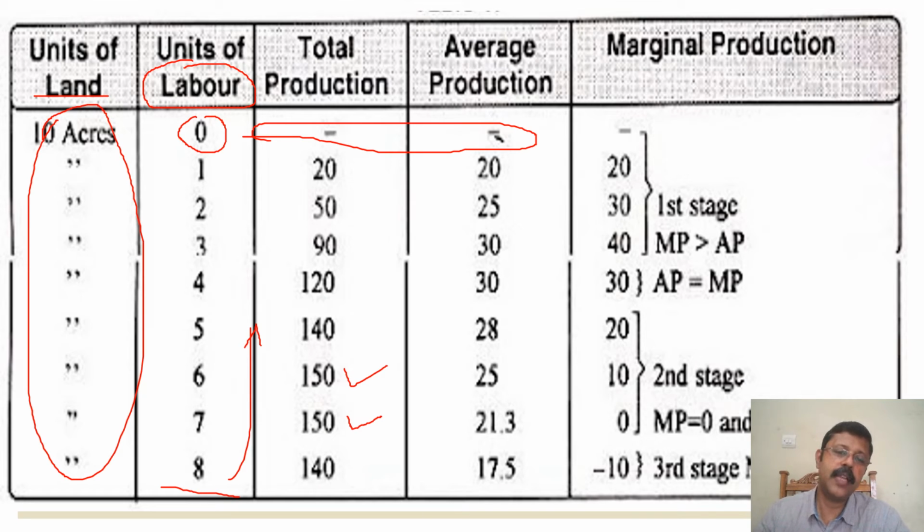So having a 7th laborer is actually unnecessary, because having 6 laborers and 7 laborers will give you the same amount of output. But if you haven't realized that particular aspect, and if you still keep on increasing the amount of labor, what will happen? Your output will start declining. This is true in all the cases.